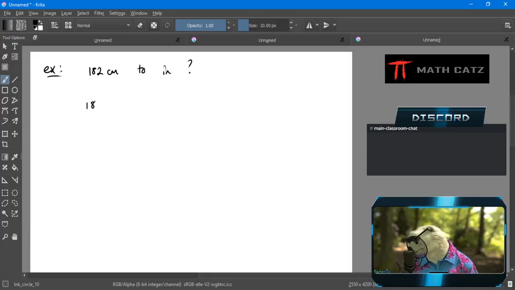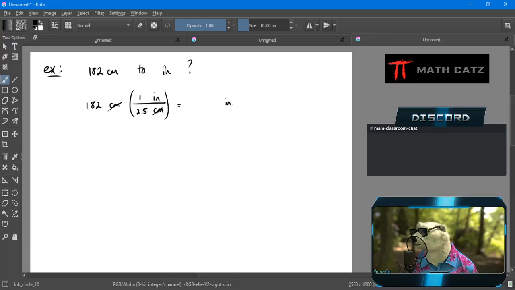I'm going to start with my 182 and my unit, and then multiply with my reference pair. I put centimeters at the bottom, inches at the top: 1 inch, 2.5 centimeters, so that the centimeter units cancel and I'm in the right unit.